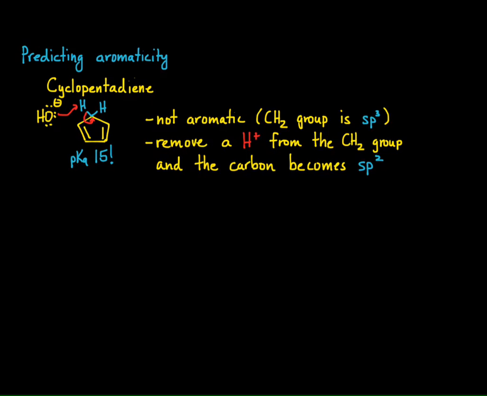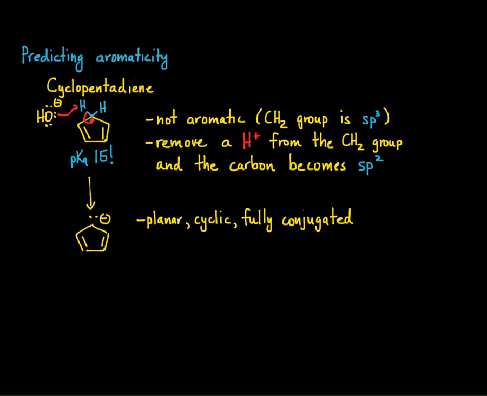And indeed, if I take potassium hydroxide and react it with cyclopentadiene, I can get this structure, right? The conjugate base, the anion, cyclopentadienyl anion.